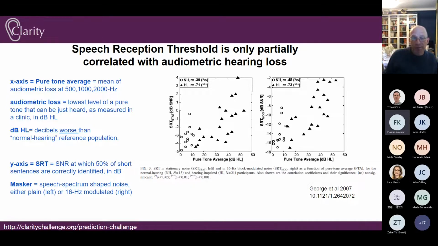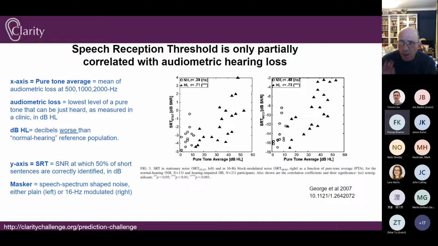And we always have this underlying hope when we wake up in the morning that we'll come up with a model that solves it. Nobody's done it yet. Whether or not it's doable is actually an interesting question, because we know things like cognition and other wider things are quite hard to measure in the lab. We know these affect your ability to do speech in noise, but we still have that underlying dream that one day we will come up with a model that explains the idiosyncrasy.